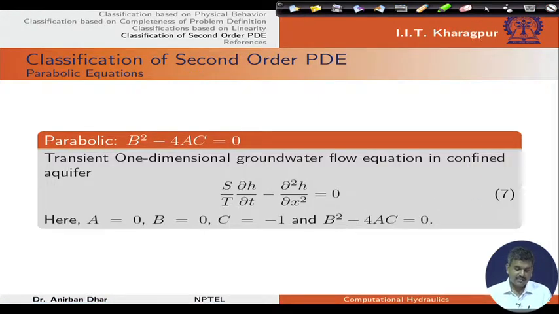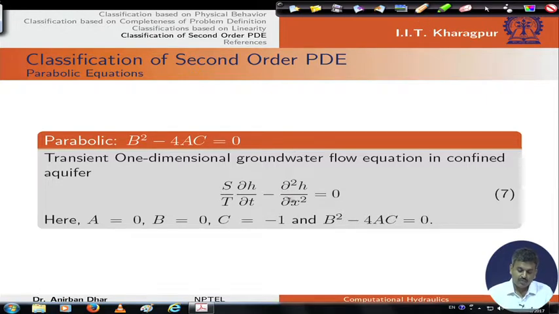In this case a is 0 because the coefficient of del 2 h by del t 2 is 0, b equals to 0 because there is no cross term, c is minus 1 which is the coefficient of del 2 h by del x 2. So, obviously b square minus 4ac is 0.